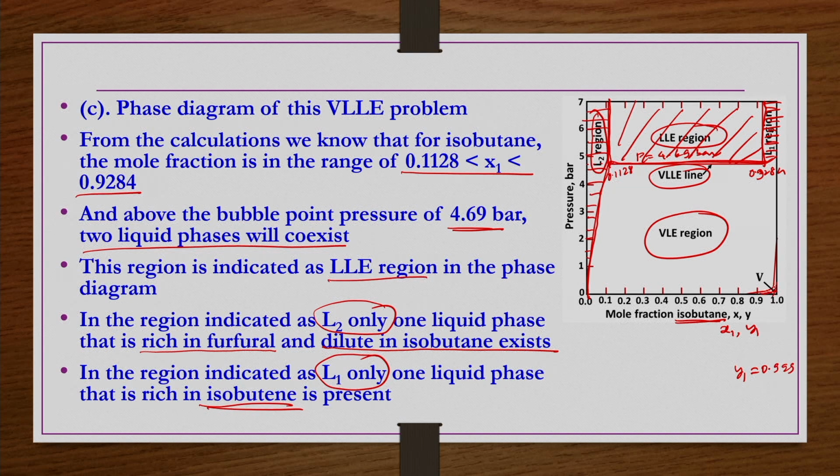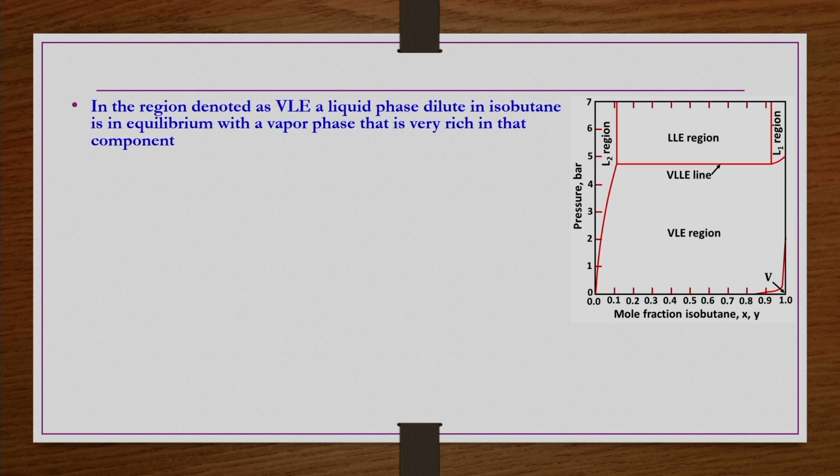So, only in this small region close to the right corner you have a vapor phase. So, now you can have this P X Y diagram at constant temperature. In the region denoted VLE, a liquid phase dilute in isobutane is in equilibrium with a vapor phase that is rich in that component. So, that is the VLE region.